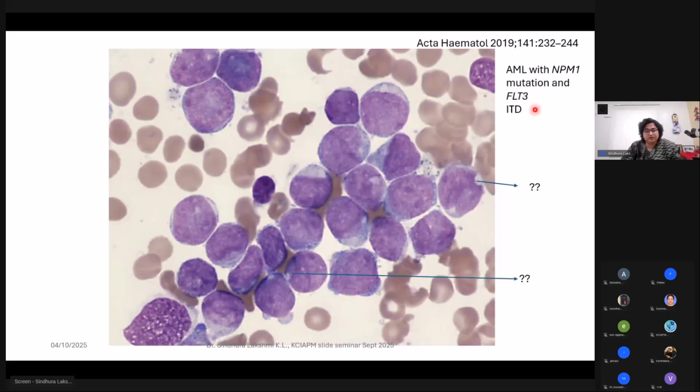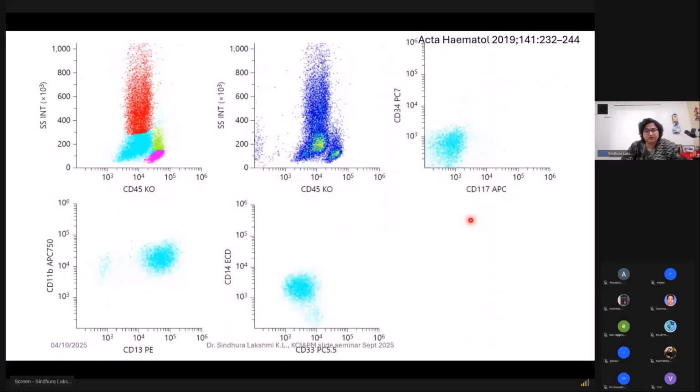Now, AML with NPM1 mutation with FLT3-ITD can show cup-like nuclear morphology in the blasts, and they may show CD34 negativity. Sometimes they are close differential diagnoses for acute promyelocytic leukemia.